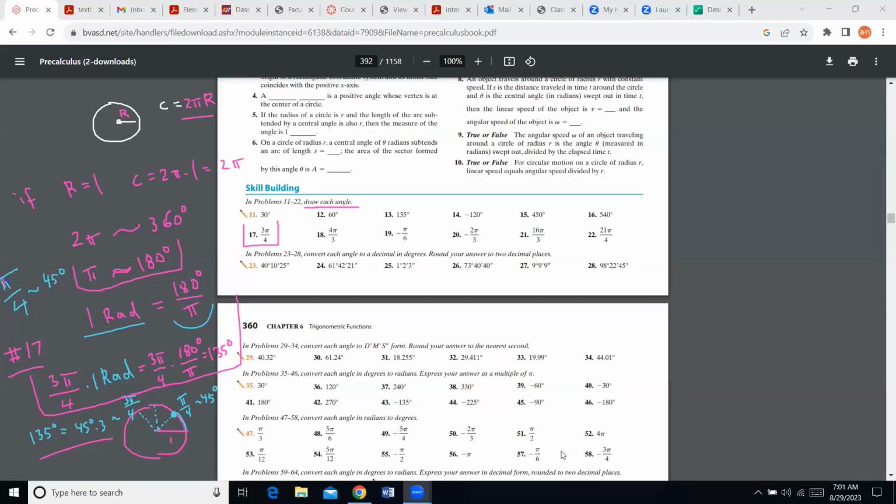And I guess that's a perfectly fine way to do conversion problems. You can convert backwards, like let's say in exercise number 37, for example. So if you try that here, 37, that was 240 degrees.